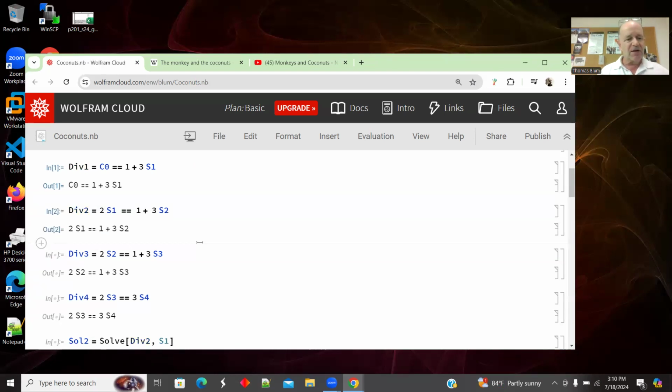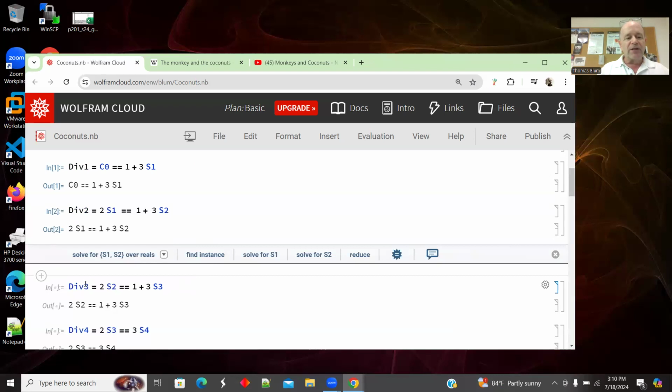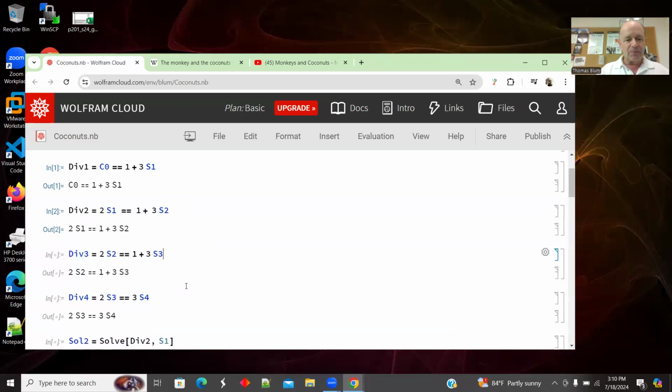Then we take two of those piles after the second division and do a third division, so 2s2 equals 1 plus 3s3. Most of these equations look the same, but they just have different coefficient factors, if you will, and different names.